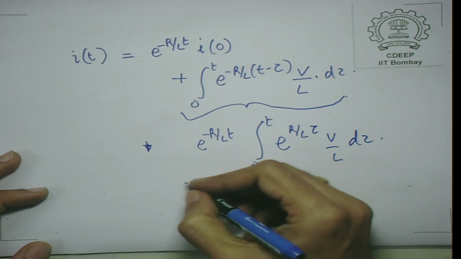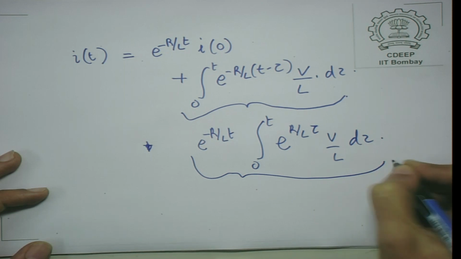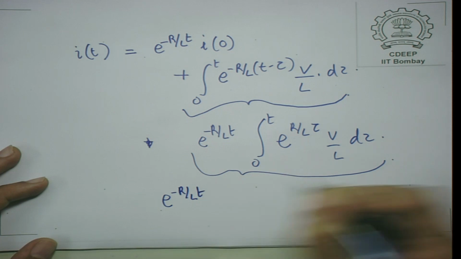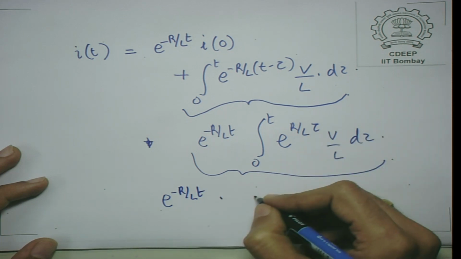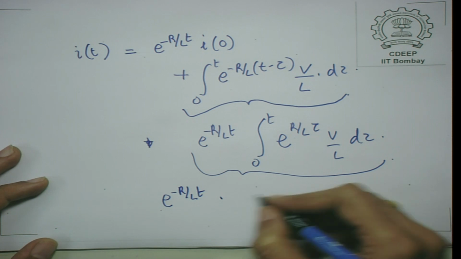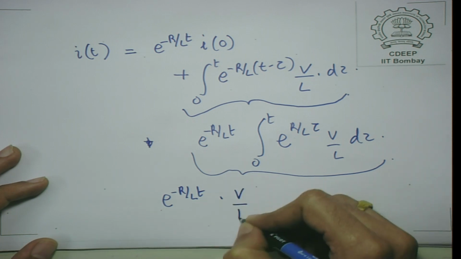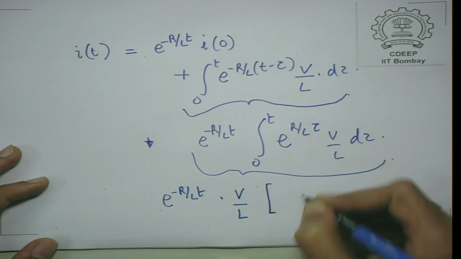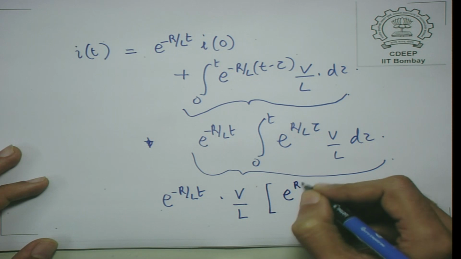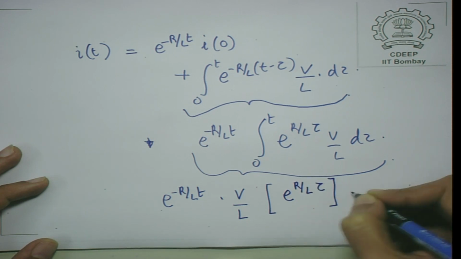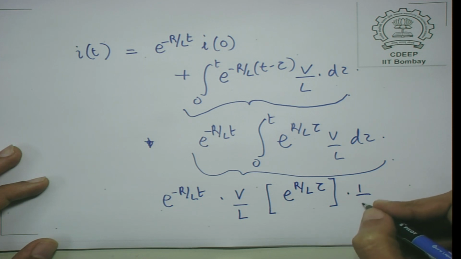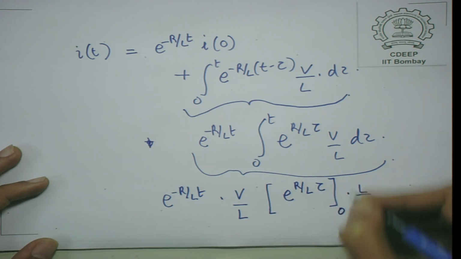This leads to e raised to minus r by L t into, since V is a constant, V and L will come out of the integral. If you integrate e raised to r by L tau, you will get e raised to r by L tau into 1 upon r by L, integrated over 0 to t.